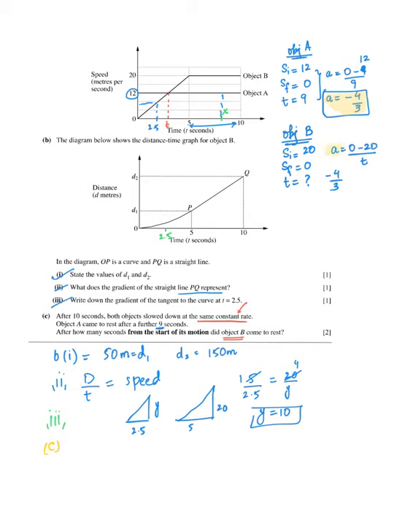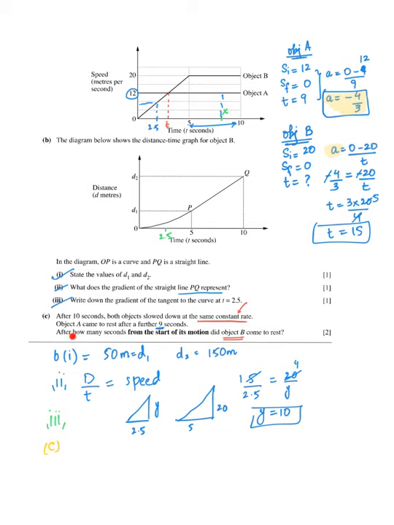So I place the value here, and since it is a constant rate, we can equate both of the values. So it's minus 20 divided by t equals minus 4 over 3. You can find the value of t, minus and minus cancel. So it's 3 times 20 divided by 4, and 4 fives are 20, 4 threes are 12, so t is 15. So that is the time for B to come to rest after 10 seconds.